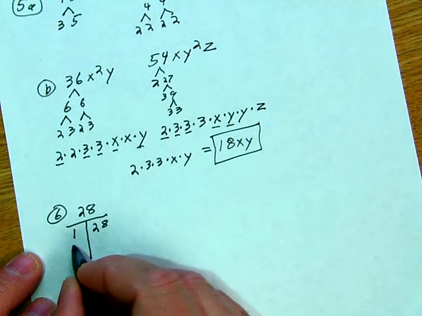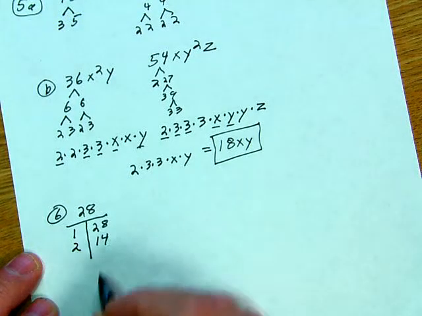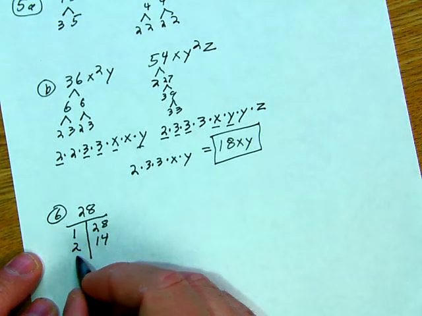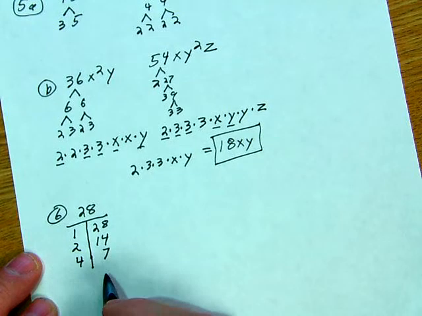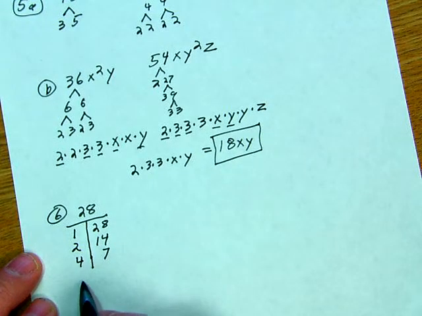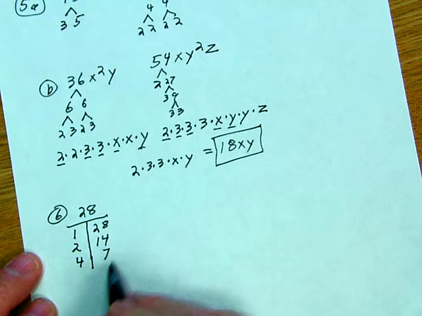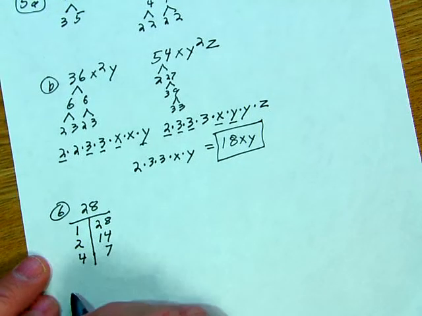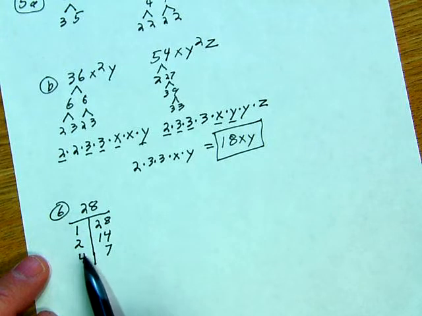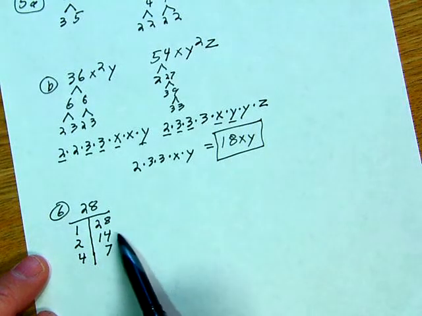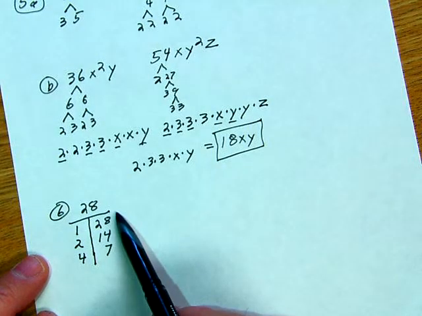Then 2 and 14. 3 doesn't work. 4 works. 4 times 7 is 28. 5, nothing. 6, nothing. 7. Well, I'm on 7 on this side, but I've already got a 7 here, that means I'm done with my factorization. So these are the factors of 28: 1, 2, 4, 7, 14, 28.